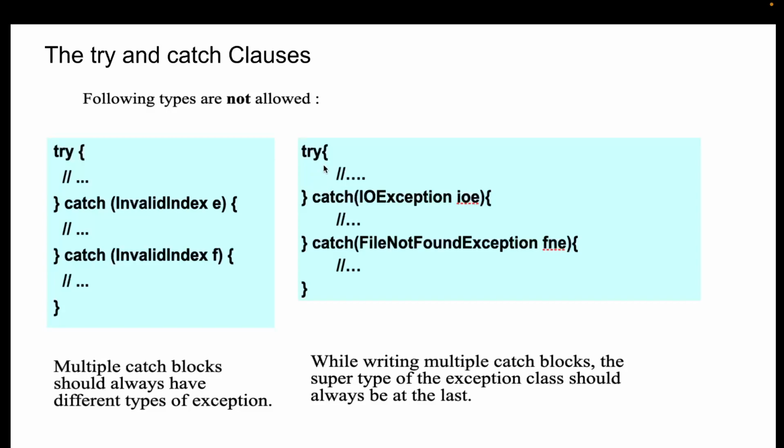There is one try block, and then there are two catch blocks, and the first catch block is IO exception, and the second is file not found exception. So when you write multiple catch blocks, the super type of exception class should always be at the last.